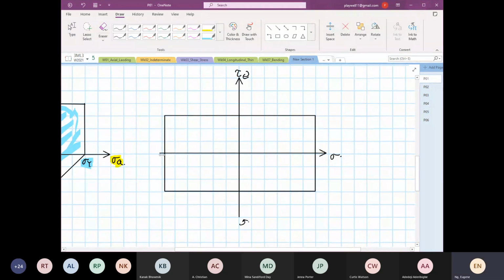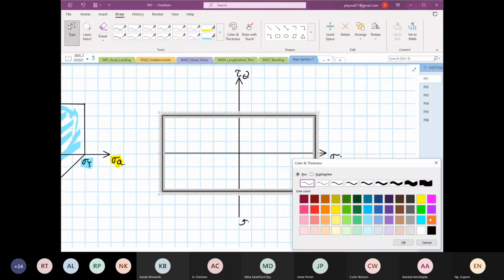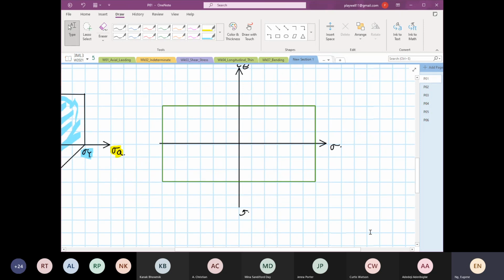I will change color, I want you to see the difference. Over here we have a value, this is our stress U. Over here is minus stress U. Because we are operating on Tresca, this value is equal to minus stress U divided by 2, and over here is stress U divided by 2.